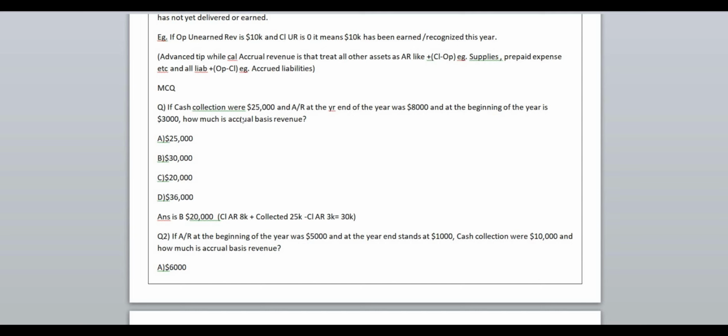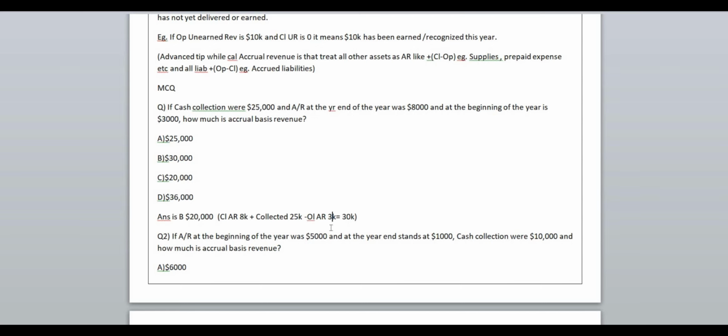If cash collection were $25,000 and accounts receivable at the end of the year was 8,000 and at the beginning of the year is 3,000. First we need to arrange it. Cash collection is $25,000, closing accounts receivable is 8,000 and opening accounts receivable is 3,000.